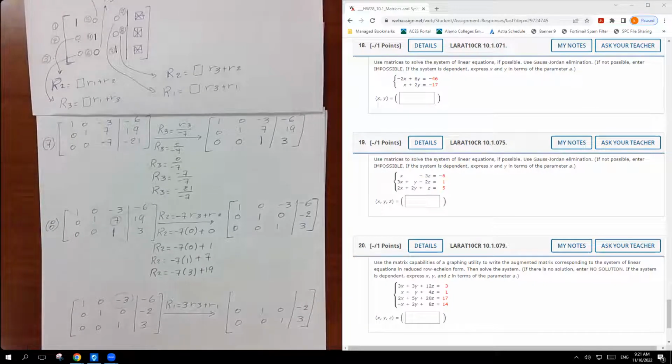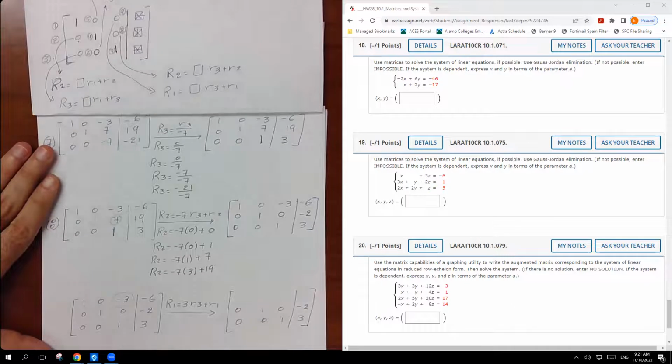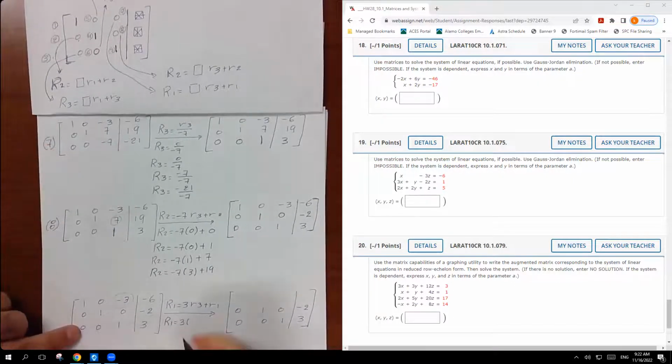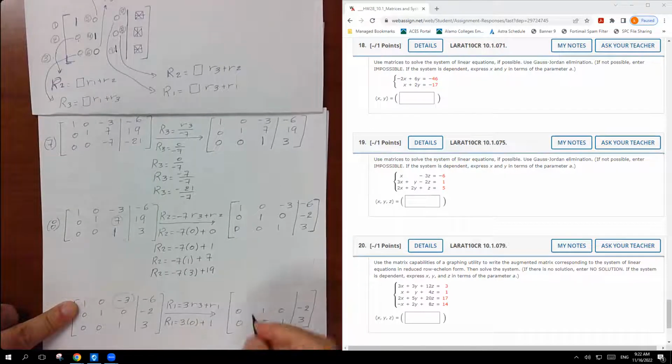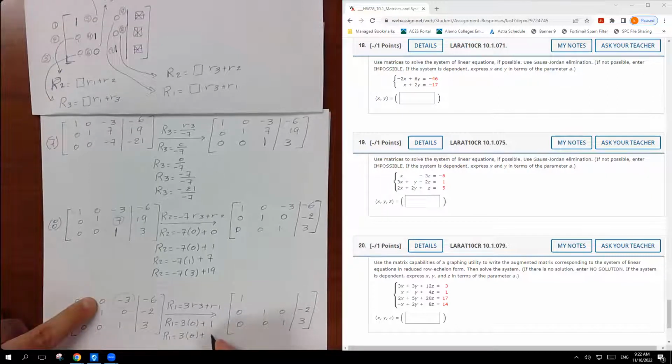Let's check what the first element is going to be. The first element is 3 times R3, which is 0, plus R1, which is 1. So 3 times 0 is 0, plus 1 is 1. The second element is 3 times R3, which is 0, plus R1, which is 0.